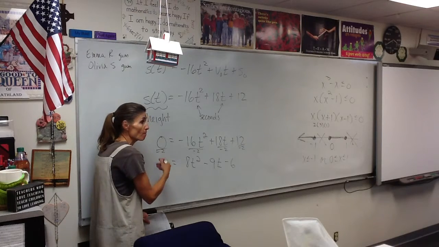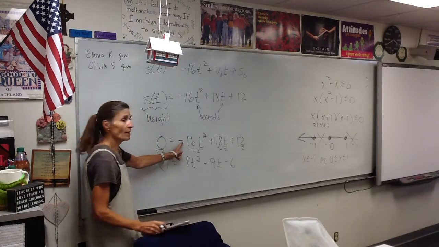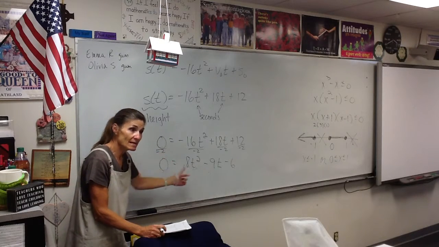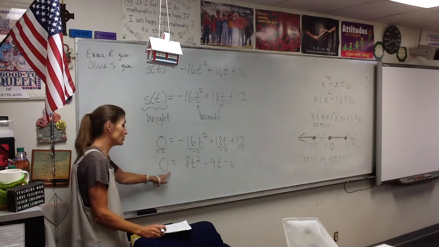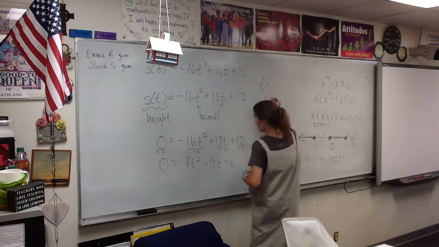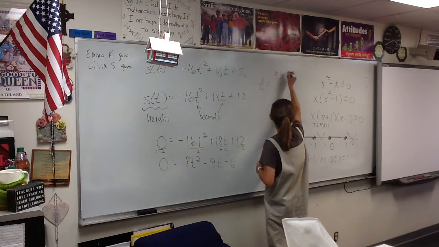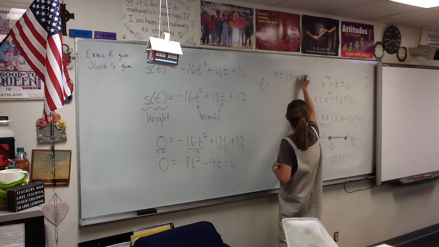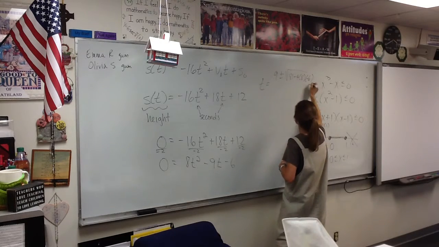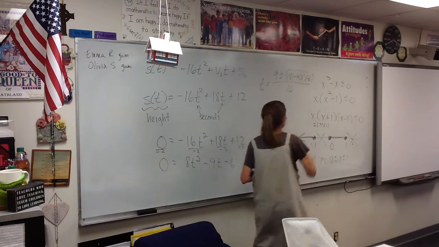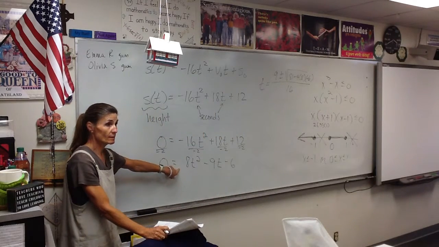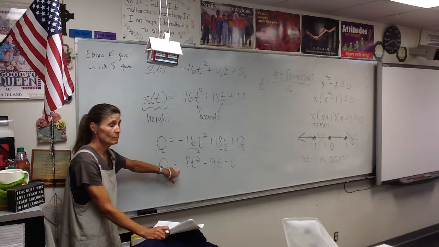Yeah. Personally, I don't like negatives out here in front, and I'd like to get rid of anything that I can. So I'm going to do this, but you don't have to. So now t equals negative b plus or minus the square root of b squared minus 4ac all over 2a. Does that look okay to everybody using the a, b, and c from this equation?